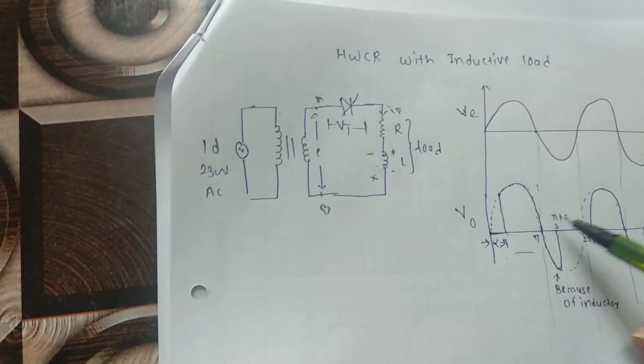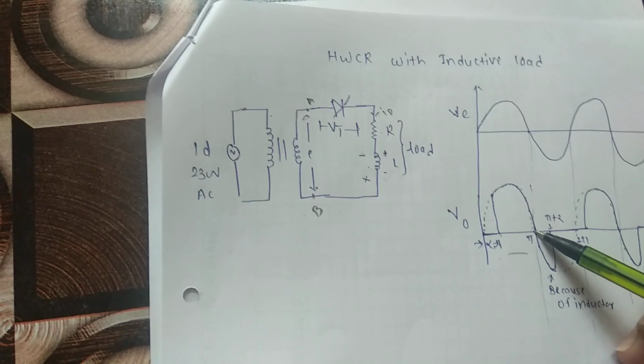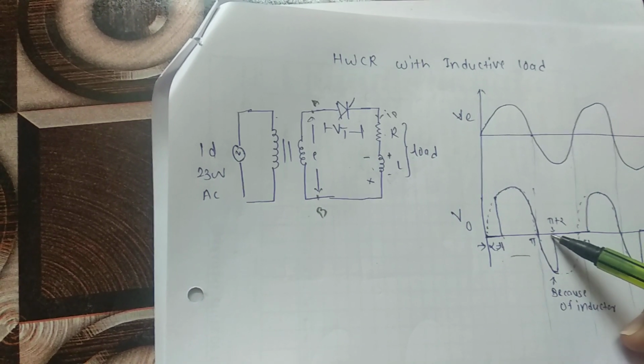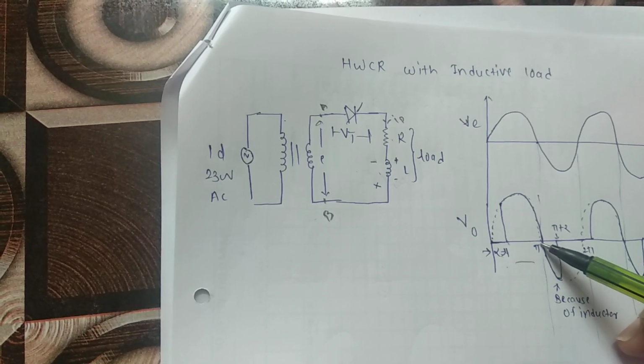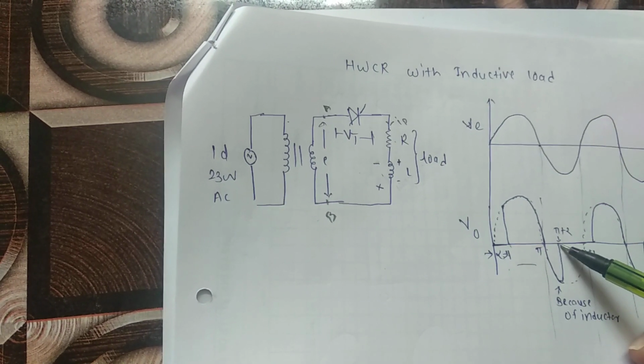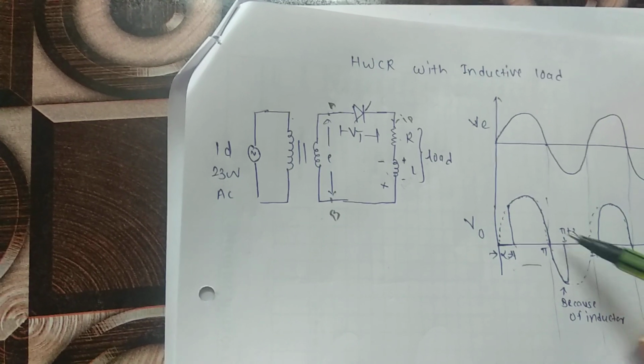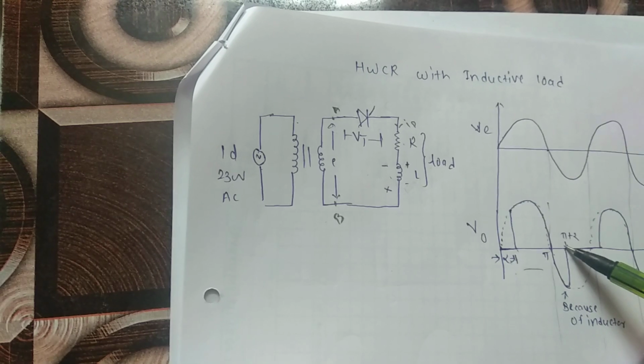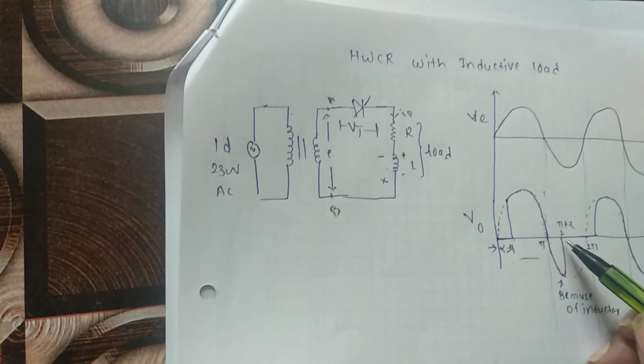Our SCR is supposed to stop its conduction at this angle, but it continues its conduction from angle pi to pi plus alpha. Let's assume that the inductor continues to conduct up to the firing angle alpha. What happens at this point?